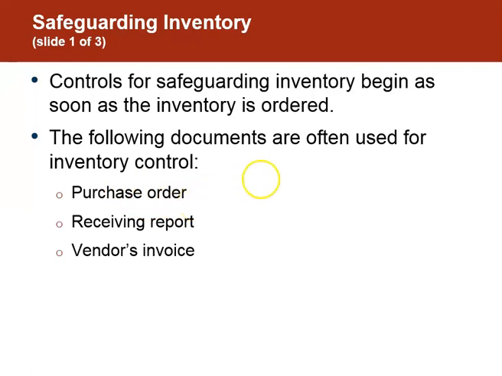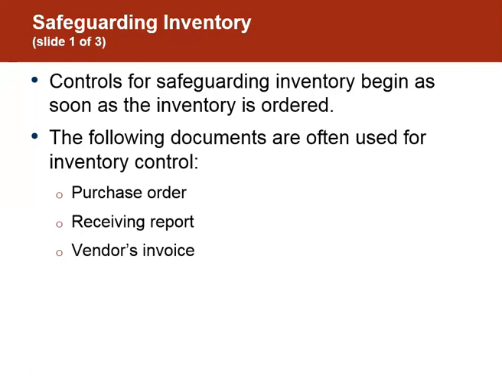Once the order has been placed, at some point goods will be received by the company that ordered them, and when that happens, someone in the receiving department will fill out a receiving report, and this will basically be 10 boxes come in.